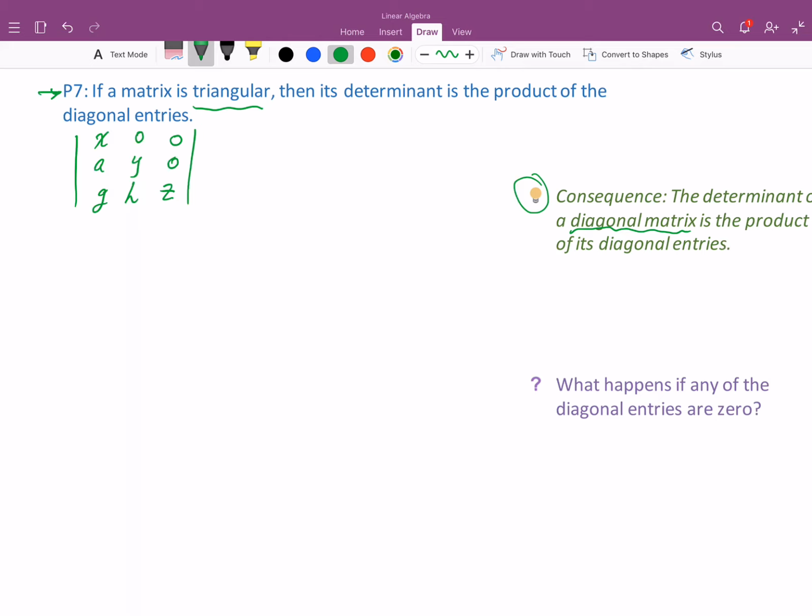Again, the row operation I'd like to do is add a multiple of one row to another row. My goal is to eliminate these 3 entries. I want to turn these into 0.